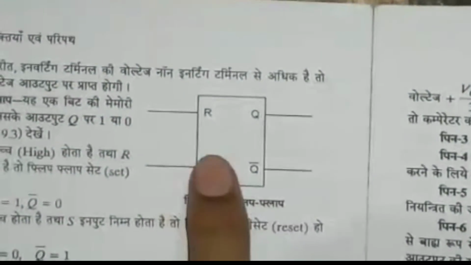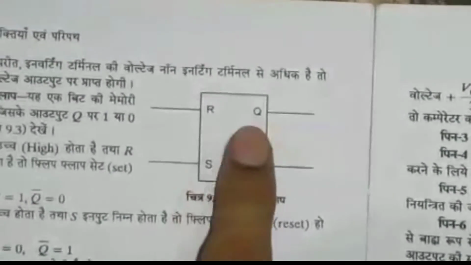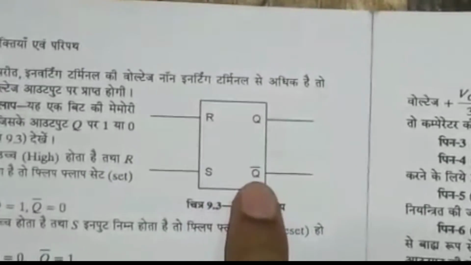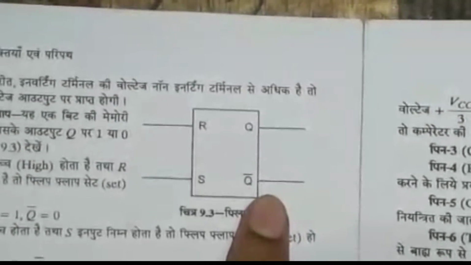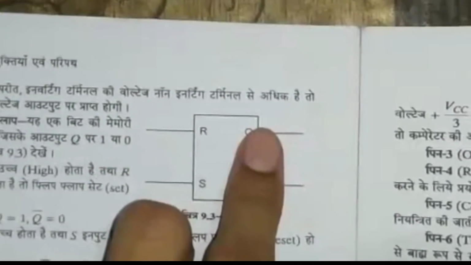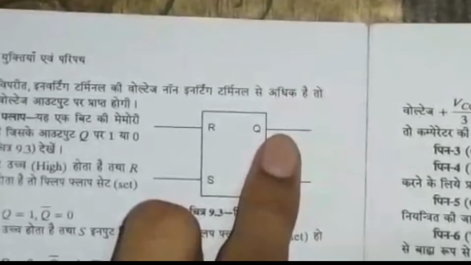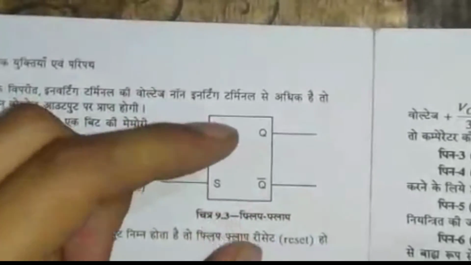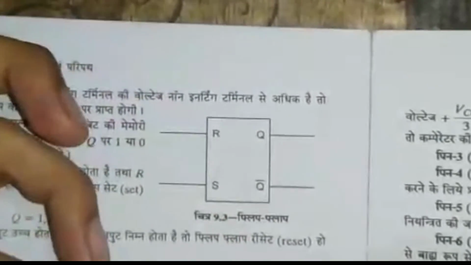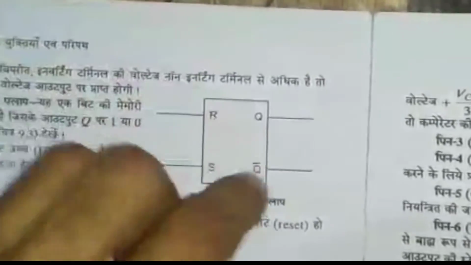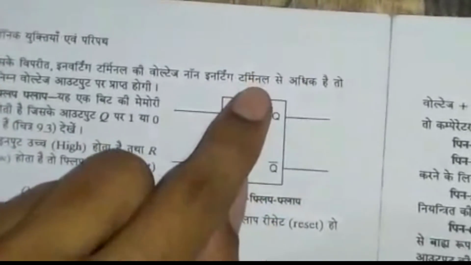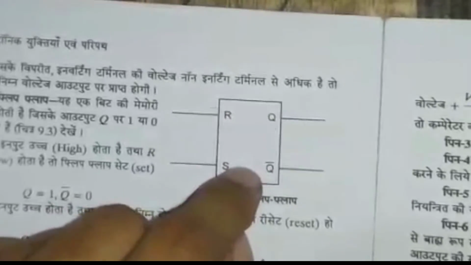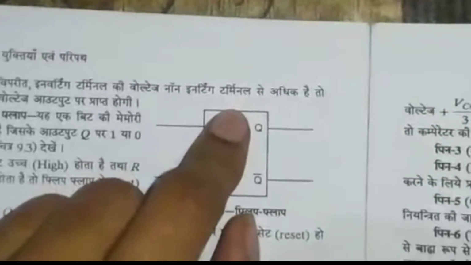Because if set is high, then Q will become high and Q bar will become 0. If reset is given 1, then Q bar will become high and Q will become 0. So this property must be in your mind, that Q and Q bar will always be opposite to each other. Means if Q is 1, then Q bar will be 0, and if Q bar is 1, then Q will be 0.